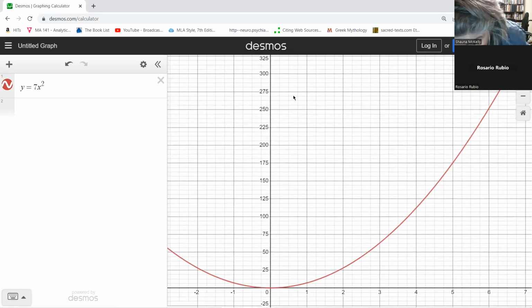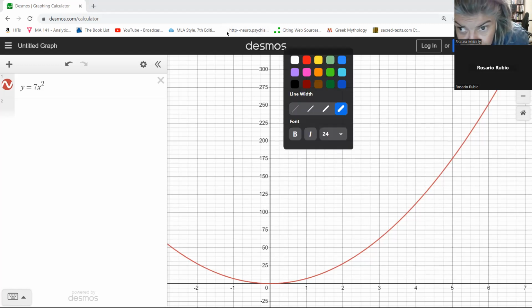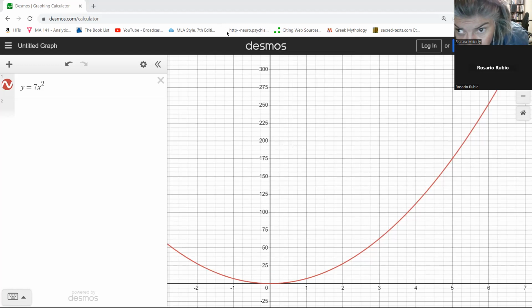For our purposes in this problem, x1 is 1 and x2 is 5.